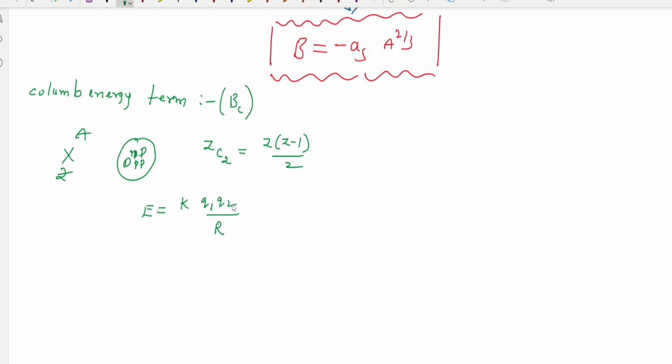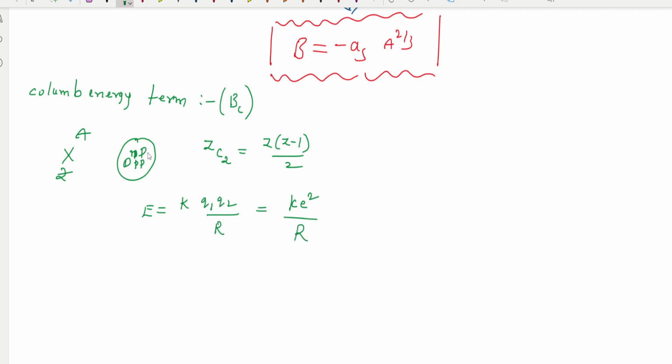So Q1 Q2 divided by R. Therefore, I want to know what Q and Q1 are. The number of pairs is one, right? K e square Q1 Q2 divided by R.